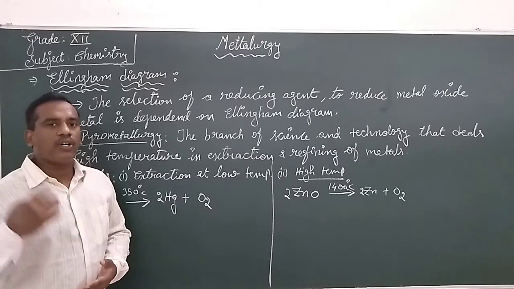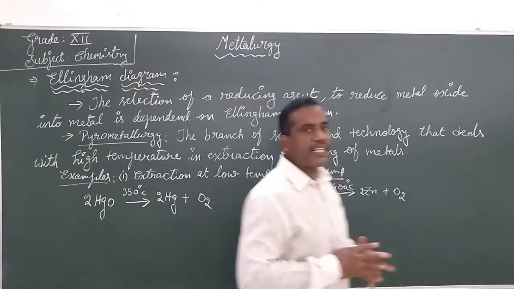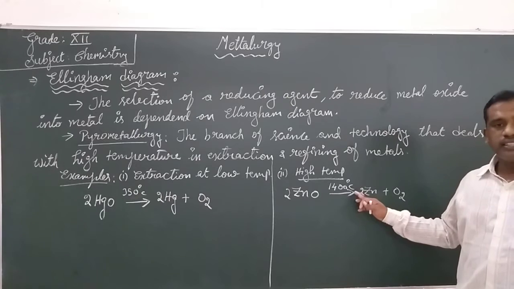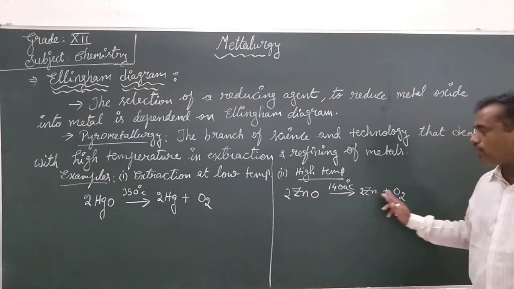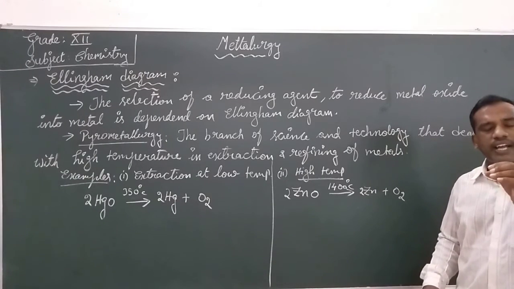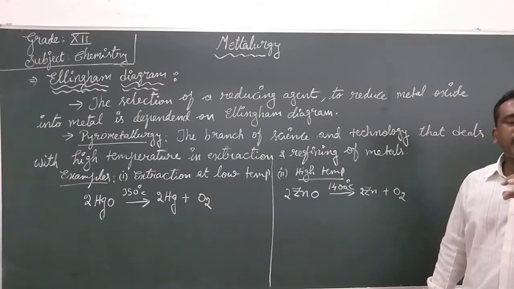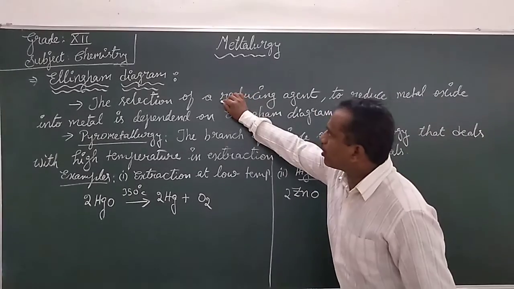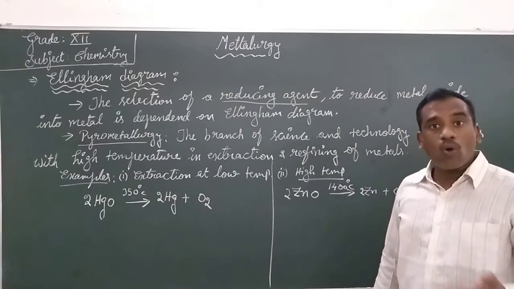So what we are doing is making the reaction, which was at a high temperature for decomposing zinc oxide to zinc, happen at a very low temperature by introducing a reducing agent, like coke.